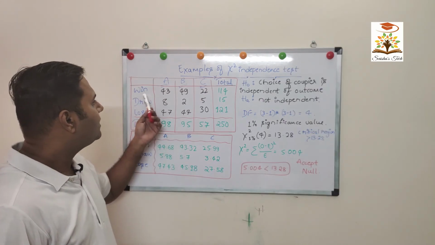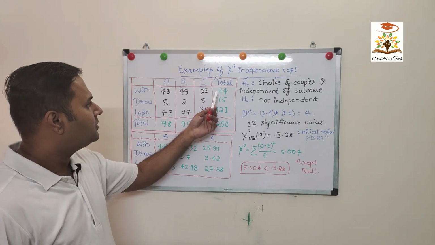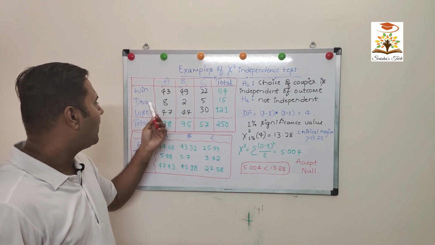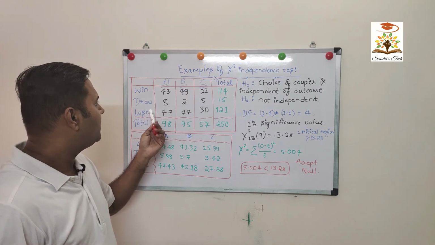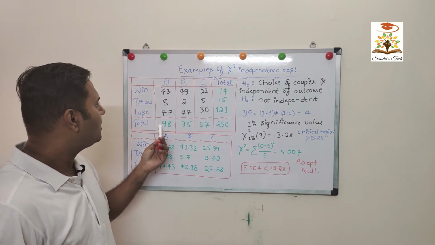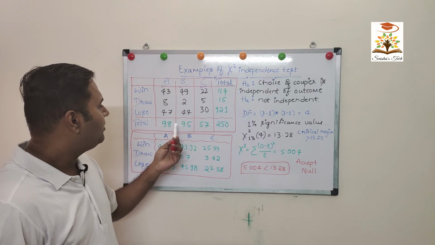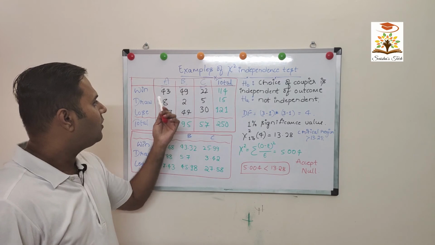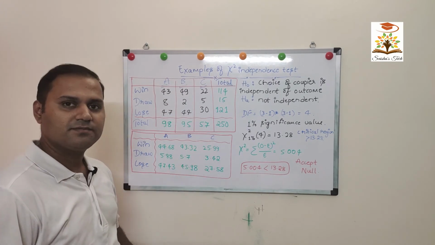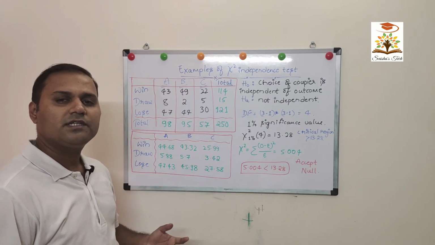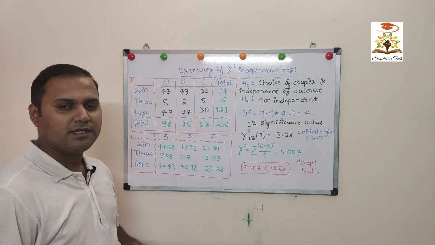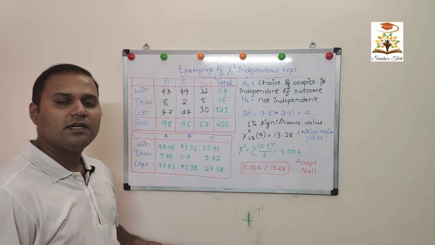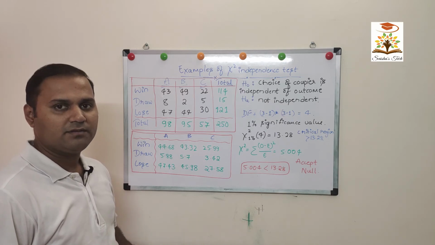We have calculated the row sums for the win, draw and lose cases. Similarly, column sums for copier A, B and C, and the grand total of all the observations. Now, using the formula for the expected outcome, that is row total times column total divided by grand total.